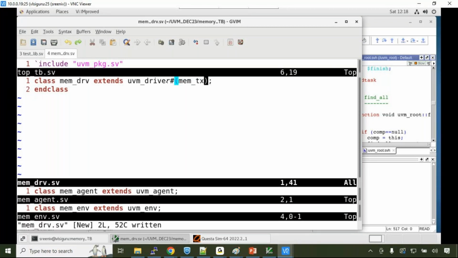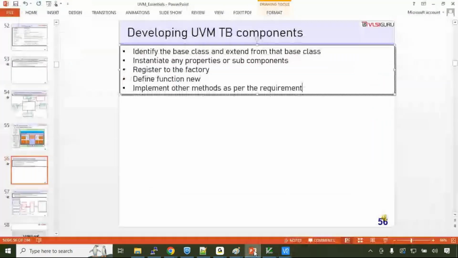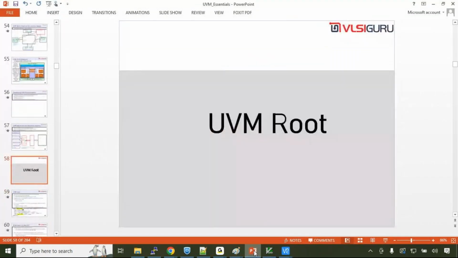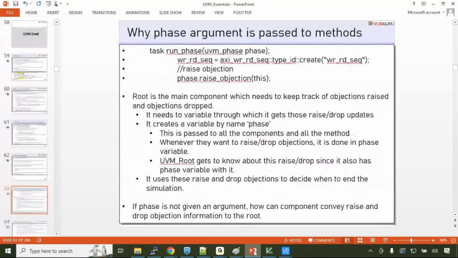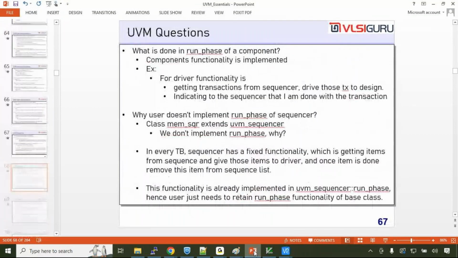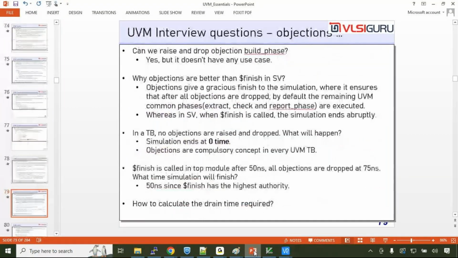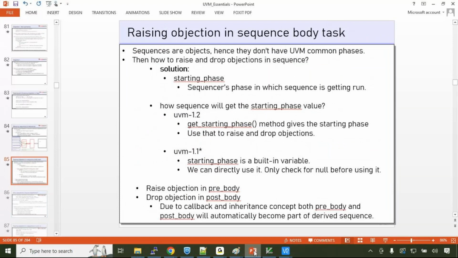Okay. Initially my idea is to teach how to develop a UVM test bench for one memory example, so that you know what is meant by test bench component, what is meant by TLM, what is a sequence, what is a test case, what is run_test. Then we will go into the individual constructs, like what is root, what is objection, what is command line processor.